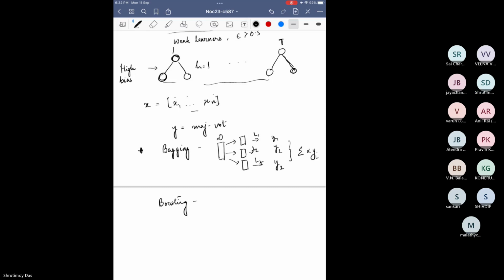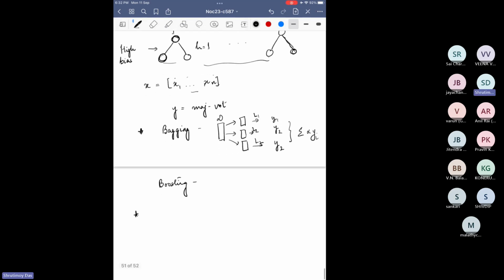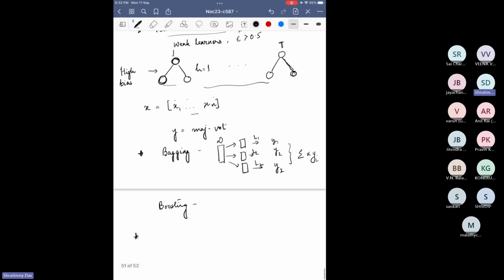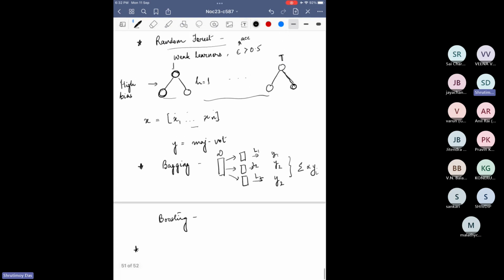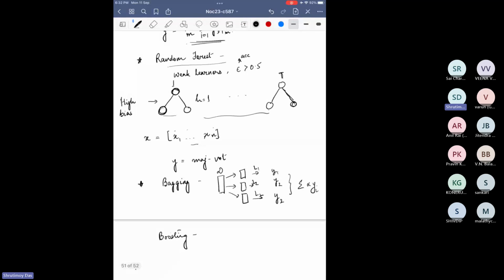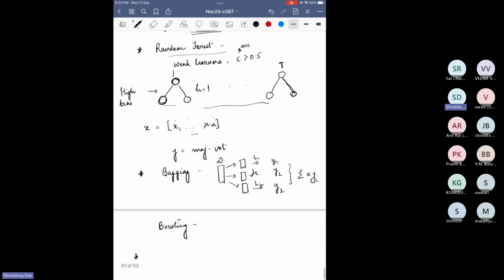Combining these three, what may be the accuracy? Yeah, that will depend. In general, these are done to decrease the bias, right? Suppose each of these has 0.51 accuracy. In general, the accuracy increases.